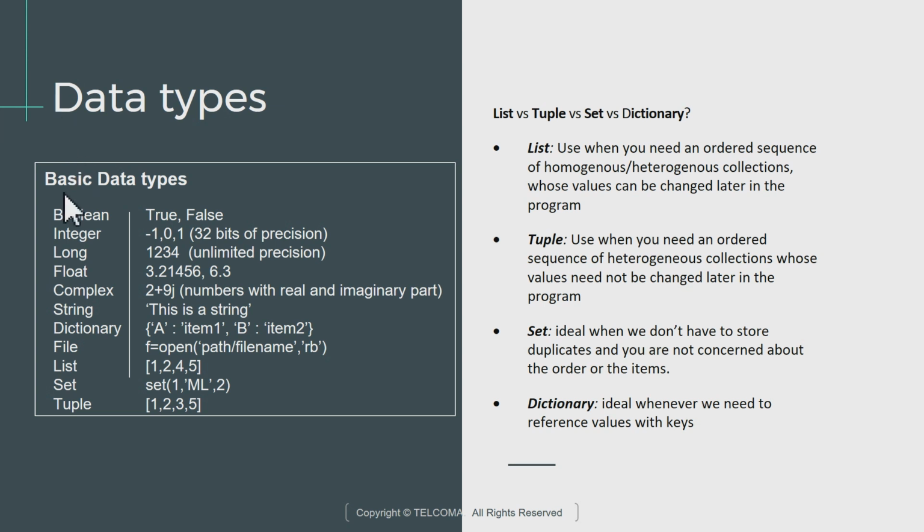The difference between integer and long initially was that integer was limited to 32 bits of precision and long had unlimited precision. But with Python 3 and onwards, we don't have to know the differences between integer and long. Whenever there's a scenario where there's a scope for integer overflow, the data type is automatically converted to long. So we can ignore the differences between integer and long.